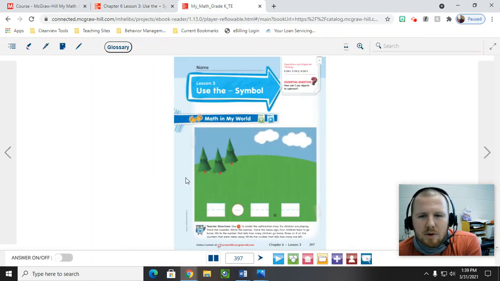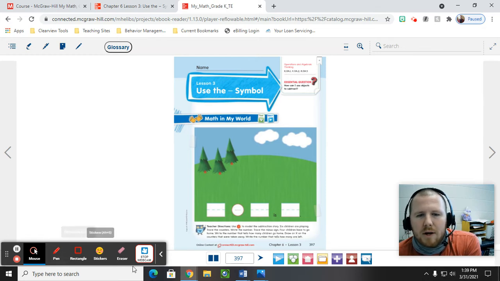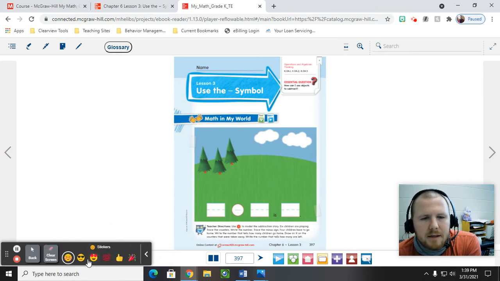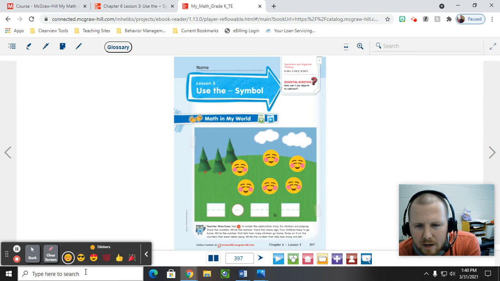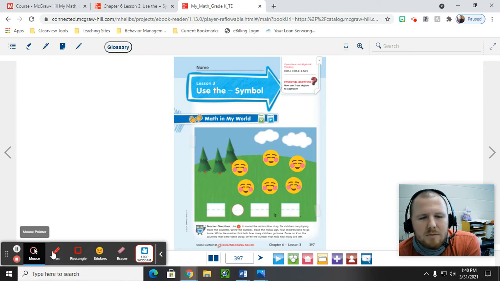So let's look in your books. It says use dots to model a subtraction story. Okay, 6 children are playing. 1, 2, 3, 4, 5, 6. I feel like we did this one already, but we'll just keep going.